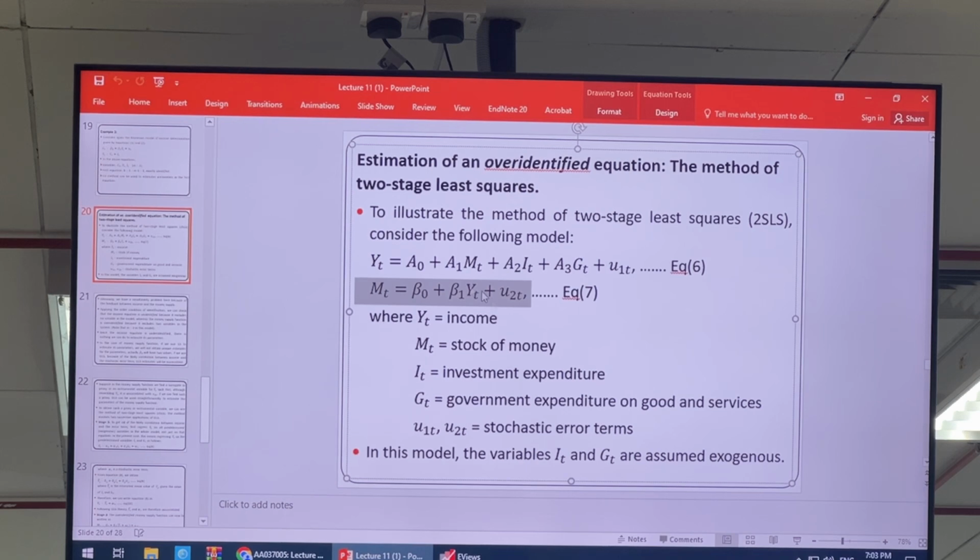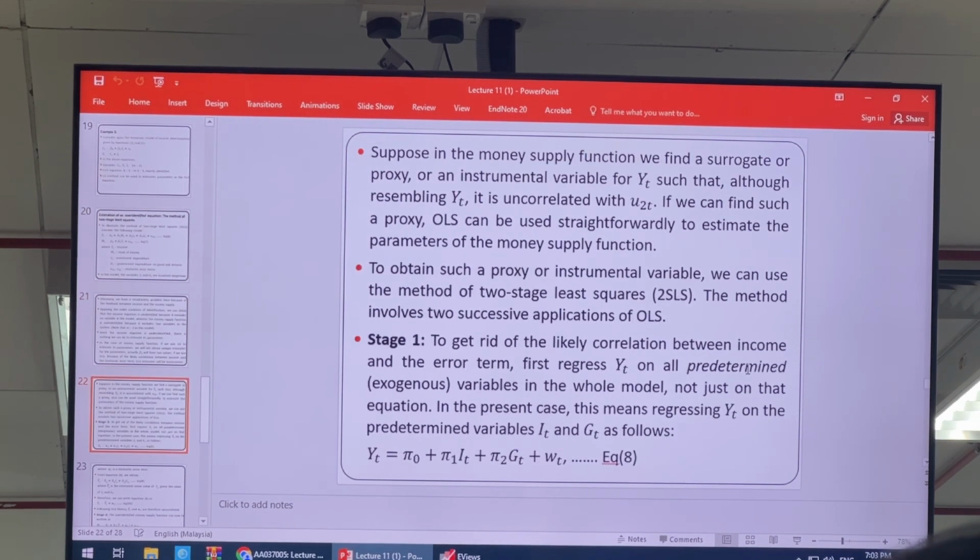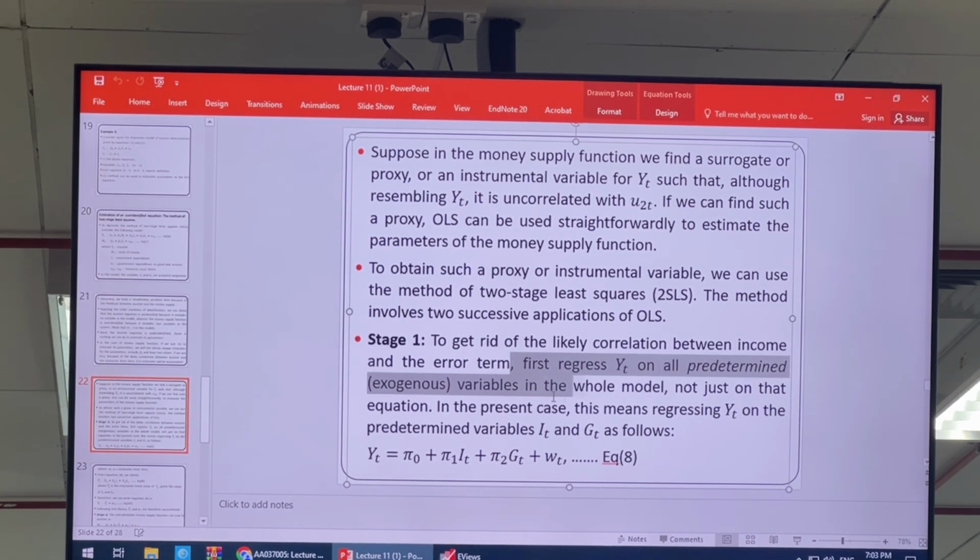So MT regressed against the fitted value of y. Okay. So stage 1, to get rid of the likely correlation between income and the error term, first regress YT on all predetermined exogenous variables. So this one, regress YT.